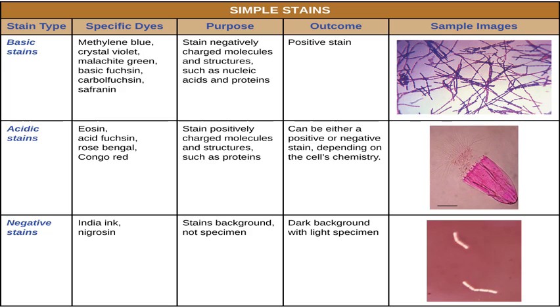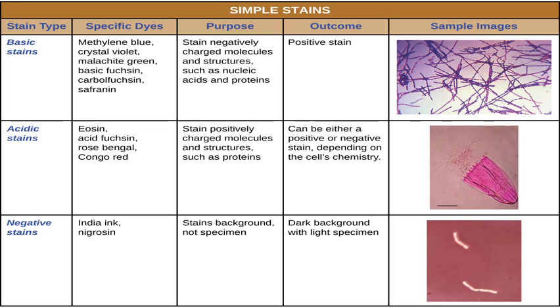The outcome of this method can be either a positive or negative stain, depending on the cell's chemistry. This picture shows how the organisms can take the acidic stains.